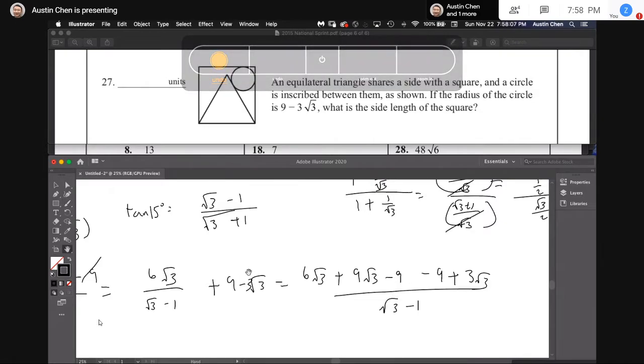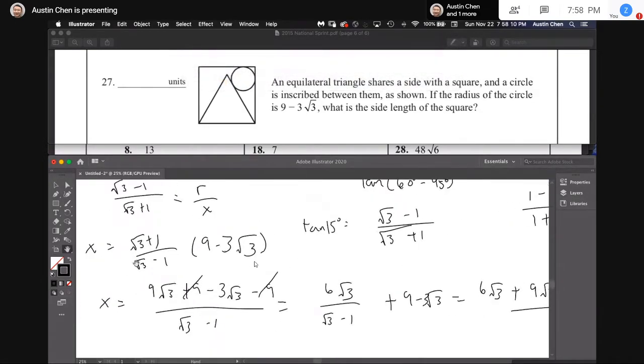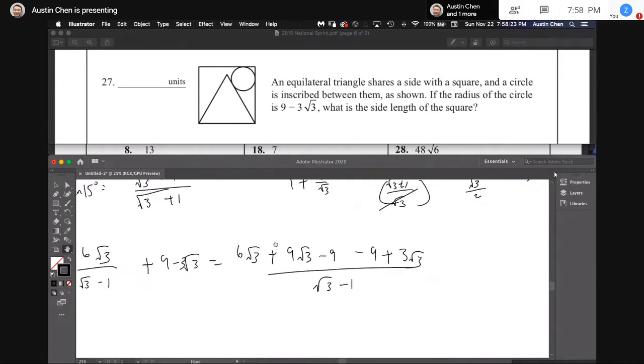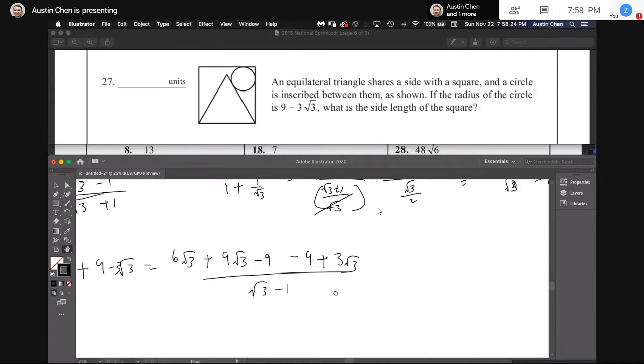Maybe I should have rationalized this first. Yeah, that would have been better. If I rationalize this first, then this would just be 2. So that would have been a little bit faster, I think.